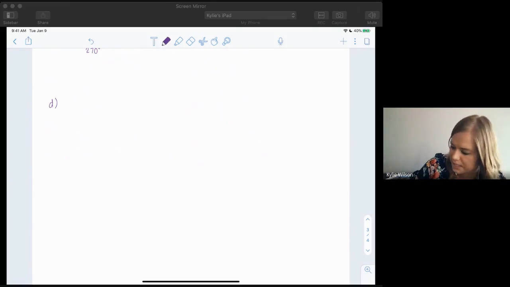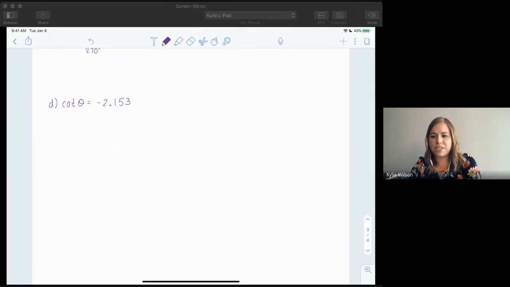Okay, so now D is cotangent of theta is equal to negative 2.153. So I think, Jansen, this will also answer your question from before when you were asking about these decimals. And this was actually a really common question that I was getting a lot.